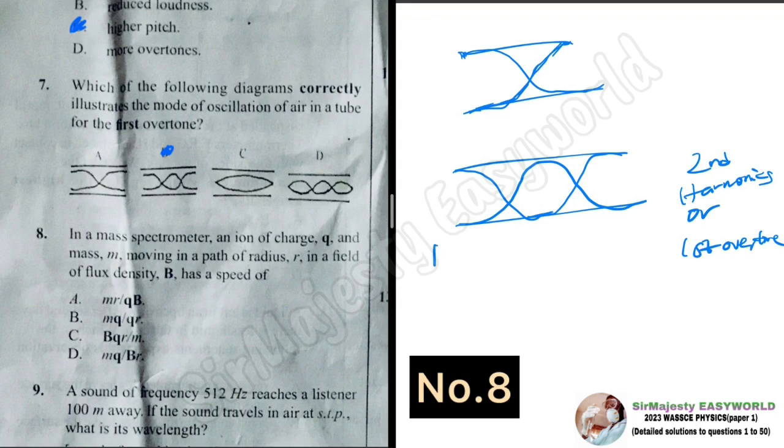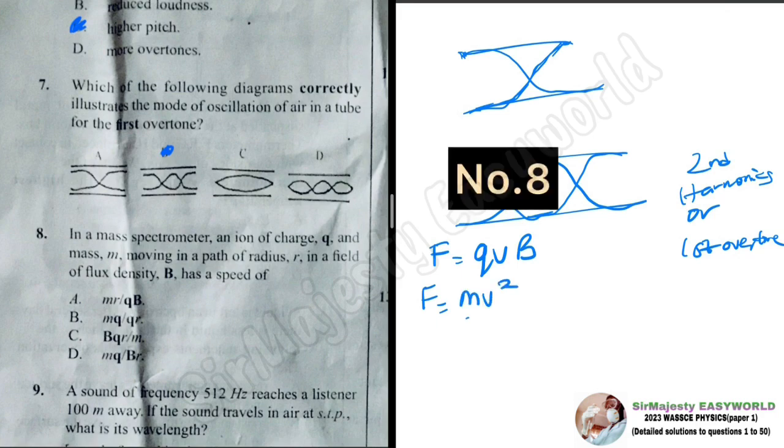We know that the force in terms of flux density, charge, and velocity is QVB. We also know that according to circular motion, force can also be equal to mv squared over r, and obviously the motion in this question is circular due to the radius.